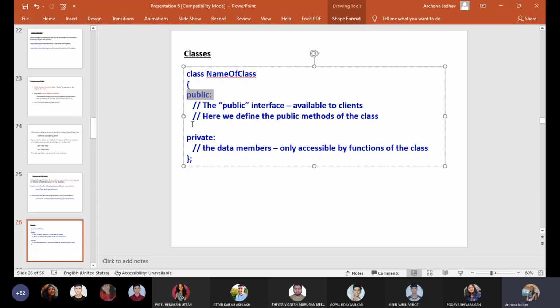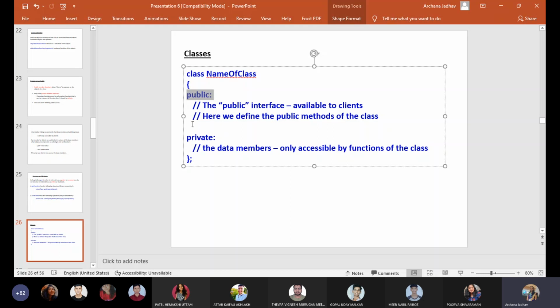What did we learn in information hiding? You don't want to give all the data to everyone. Some data you want to hide from some people, and some data you may want to share with everyone. So how can that be achieved in programming? To achieve that, we have access specifiers called public and private.